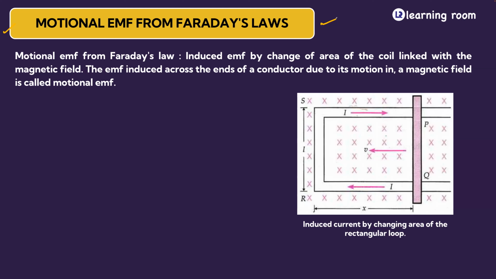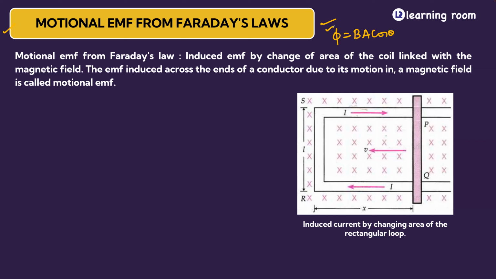Listen to this carefully. We know that Faraday's law states only one thing: if there is a change in magnetic flux taking place, there is going to be an EMF induced. For magnetic flux, we have the formula phi is equal to BA cos theta.